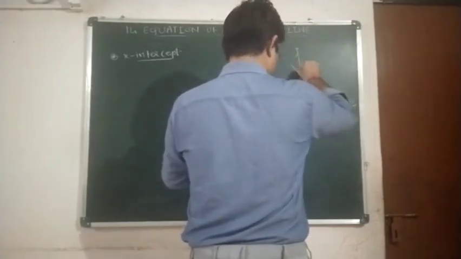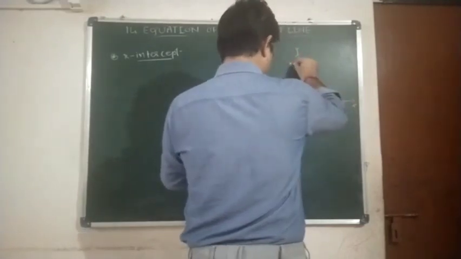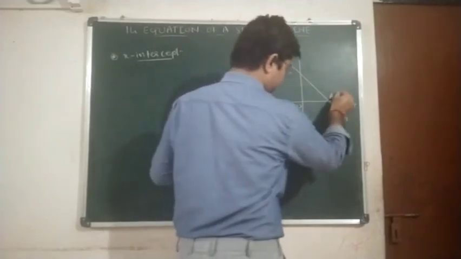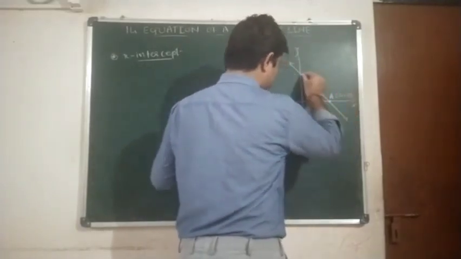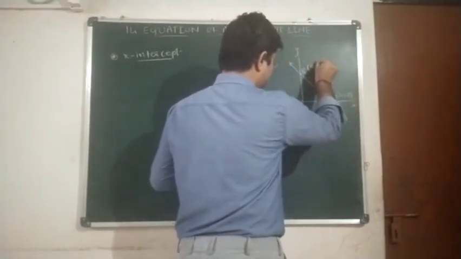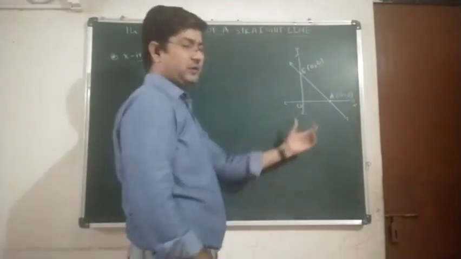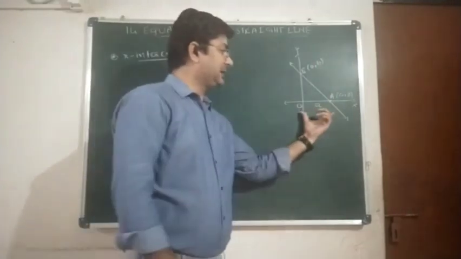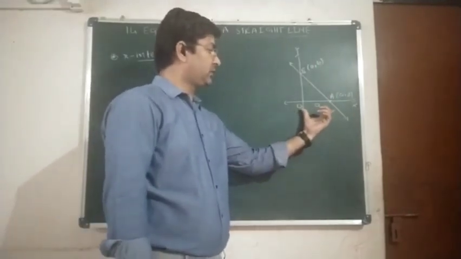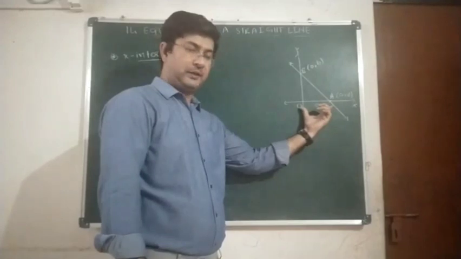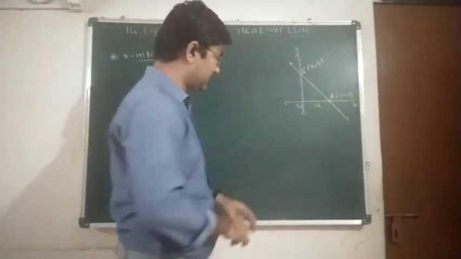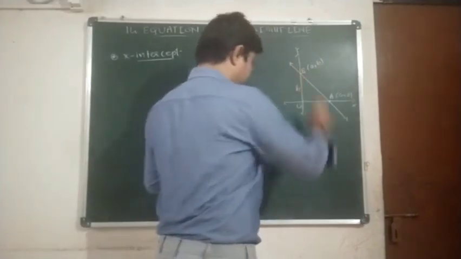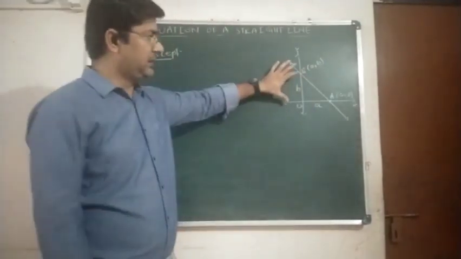O is the origin. AB is a line such that it intersects the x-axis at point A with coordinates (A, 0) and the y-axis at point B with coordinates (0, B). Obviously length OA is called the x-intercept, yes or no? From the origin to point A, distance OA is called the x-intercept. Similarly, length OB is called the y-intercept, which is B in this case.